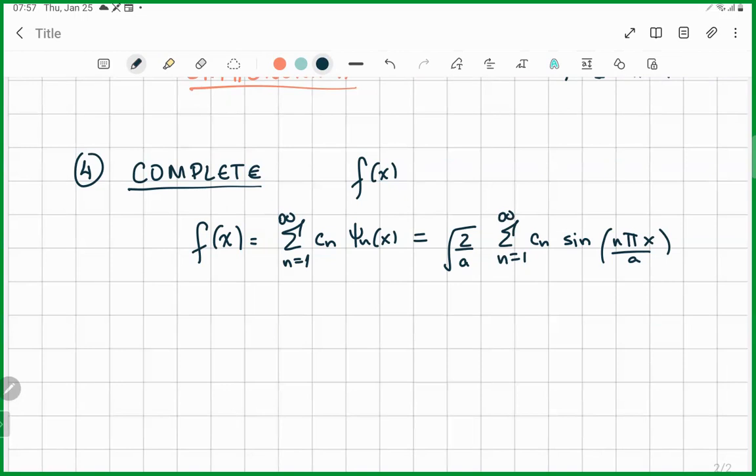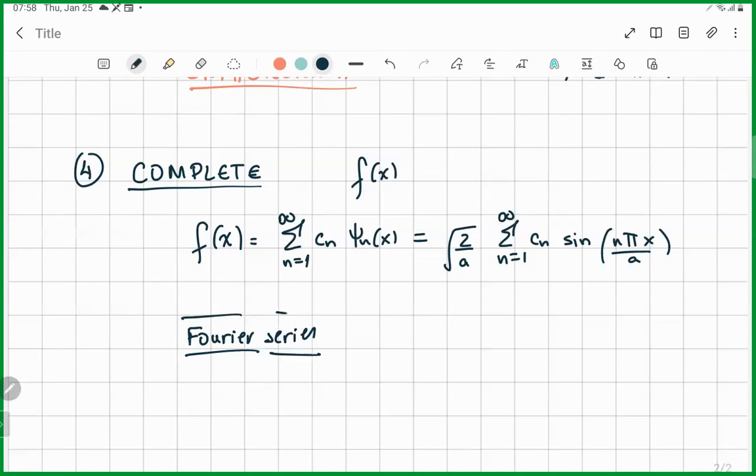This way of writing the function is known, some of you may have heard about it, as Fourier series. So any function can be written as a sum of sinusoidal functions. This is a property that you may have heard about, but if you have not, here it is.